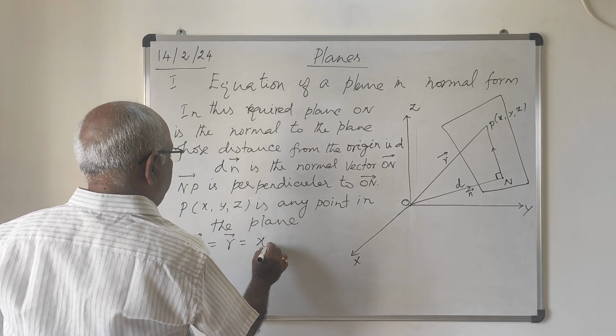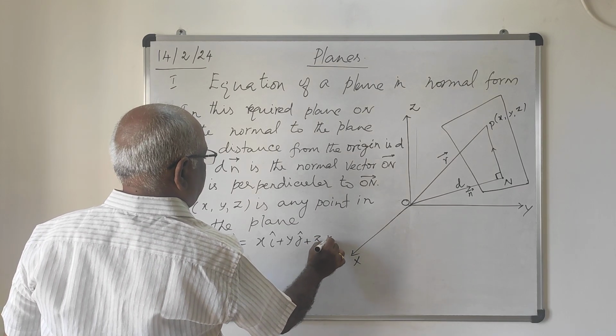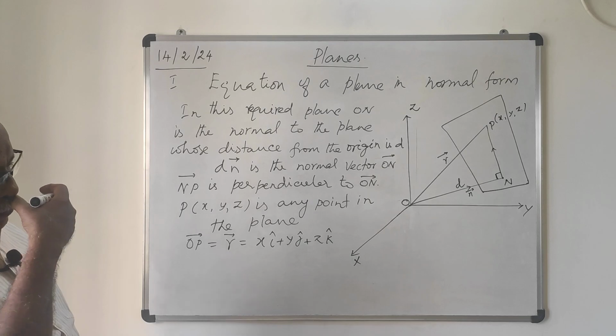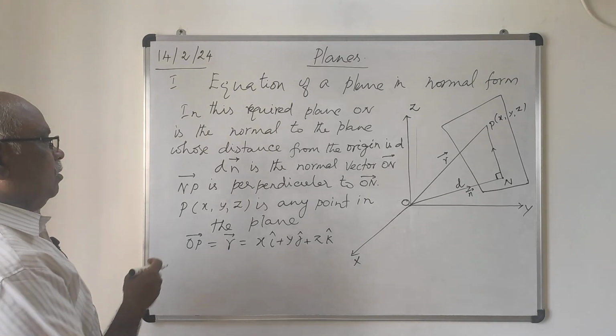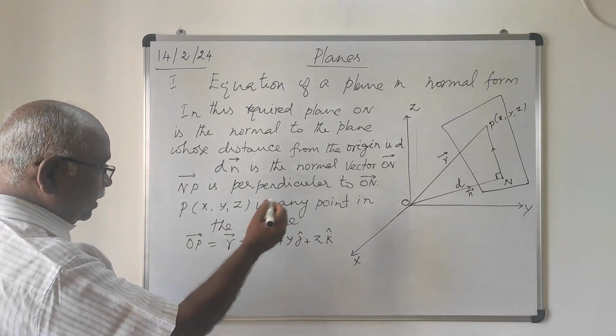It is defined by x i vector plus y j vector plus z k vector, where x, y, z are the direction ratios of vector OP.